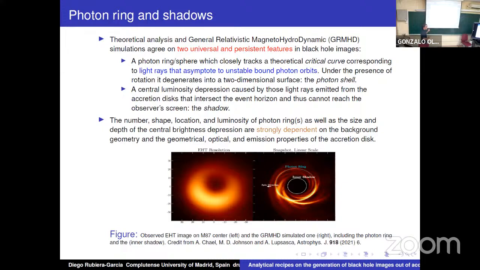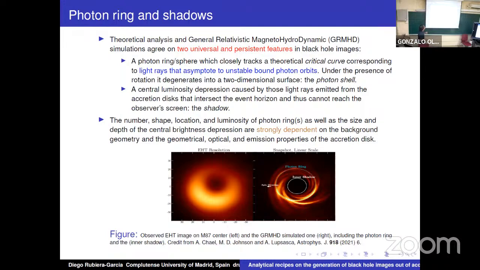The photosphere is the surface of unstable bound geodesics around a black hole, at 3M for Schwarzschild, which deforms into a shell, called the photon shell, when the black hole is rotating. Then this photon sphere is mathematically projected on your screen into something which is called the critical curve. And the third thing is the photon ring, which is related to both, but is not exactly assimilated to any of them. Okay. That's the first difficulty that we find.